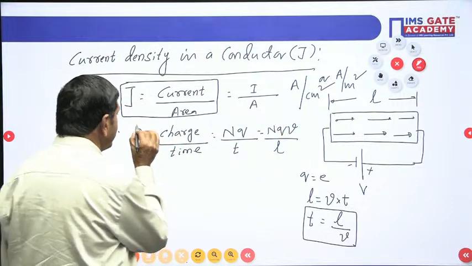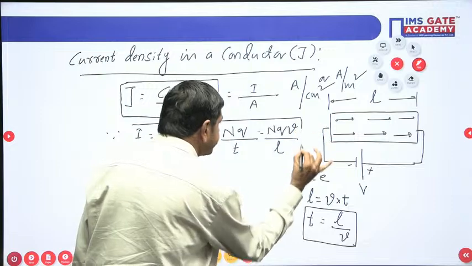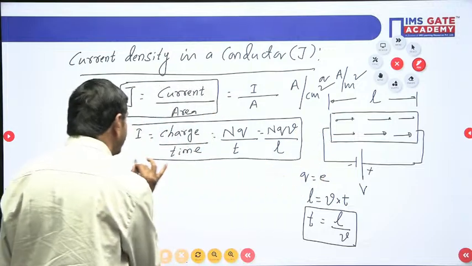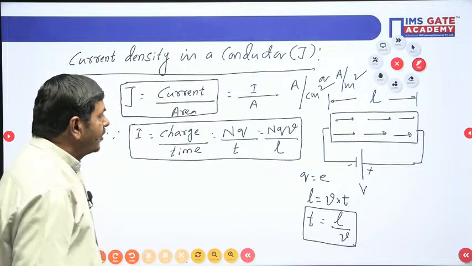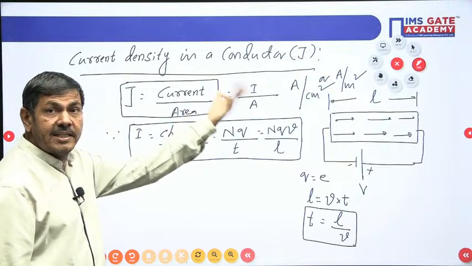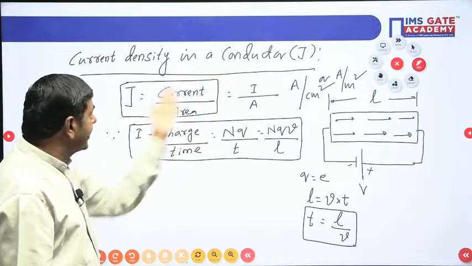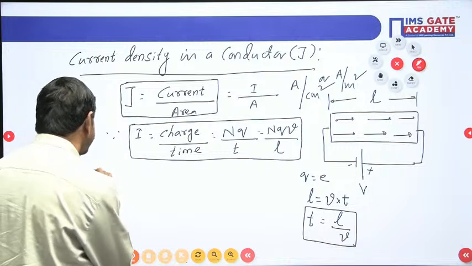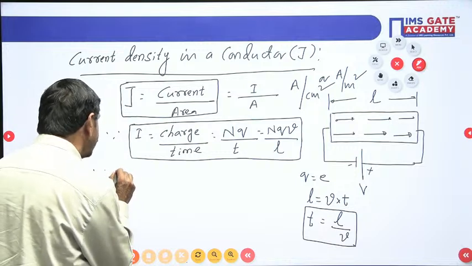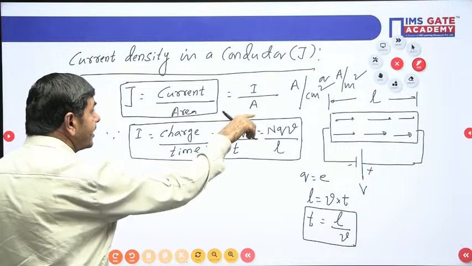Now we got one more formula here. This is the current formula. Current by area is nothing but the current density. I can write current density is current by area.